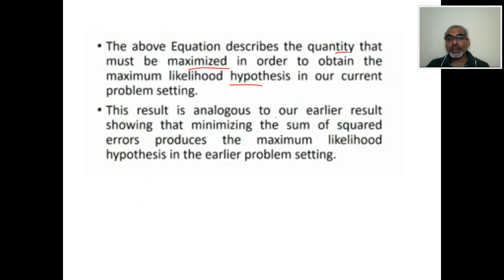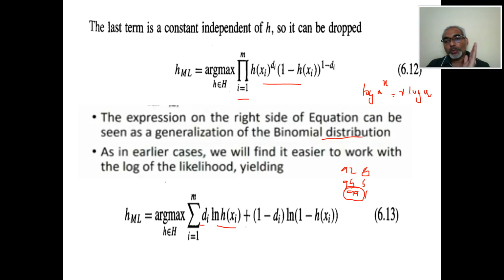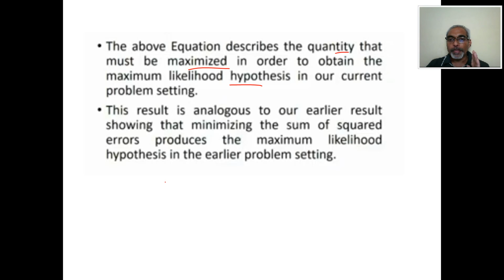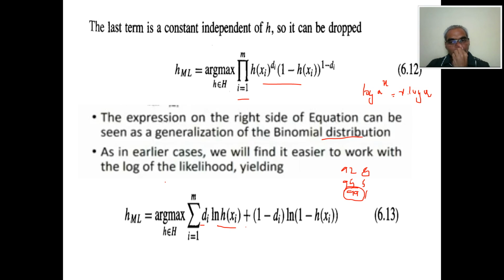This result is analogous to our earlier result, showing that minimizing the sum of squared error produces the maximum likelihood hypothesis. When we looked into the sum of squared error, we went for minimizing. That and this are almost the same. This is what we are trying to understand, another simple topic we have seen in this session.